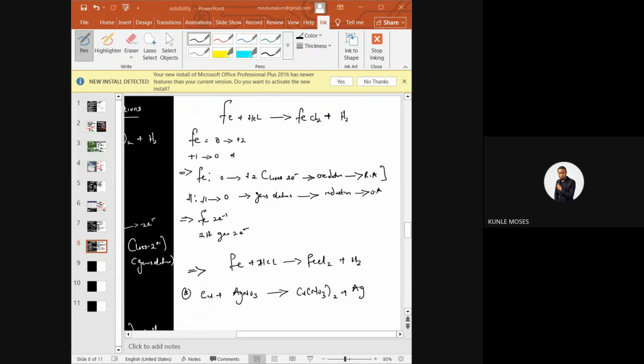Let's say, for example, iron 3 chloride. So the oxidation number for iron there is 3. Without calculating, you know iron 3 chloride is FeCl3. If you are calculating the oxidation number of iron, that would be X plus (-1 times 3) minus 3 equals 0. X equals 0 plus 3. X equals 3.